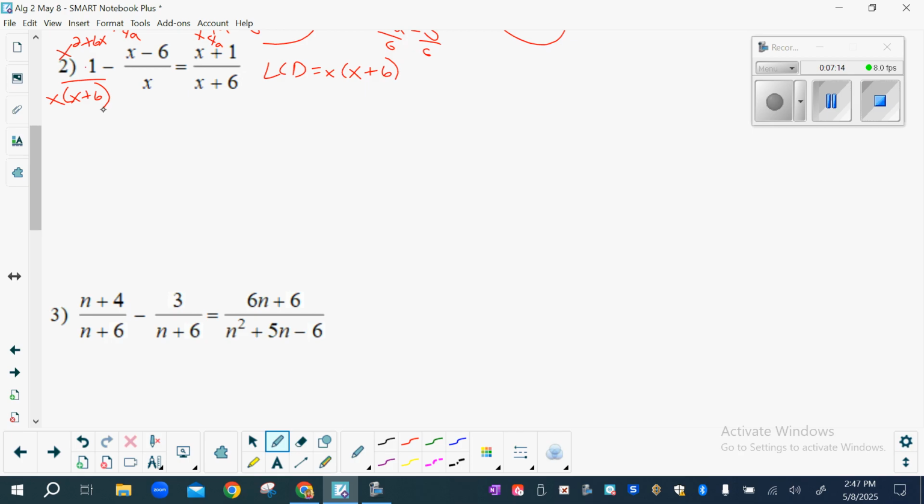It doesn't have to be just Susie. What's not in this denominator that's in this one? X plus 6, good. We're going to multiply top and bottom by x plus 6. And what about this one? Multiply top and bottom by x.